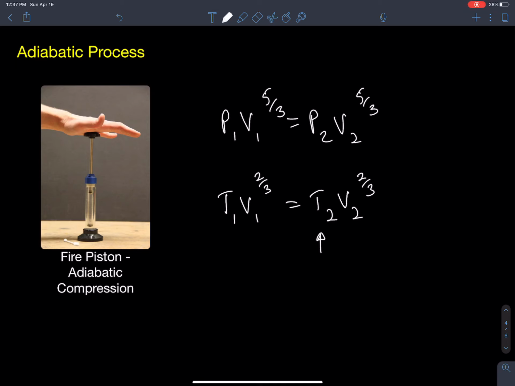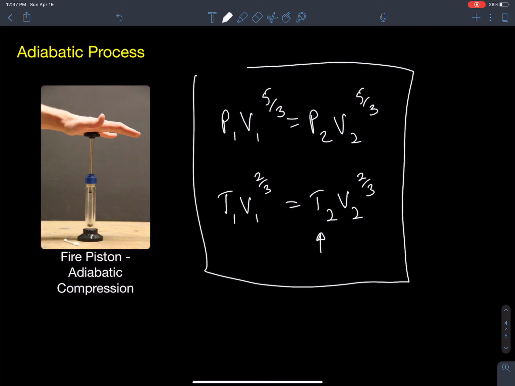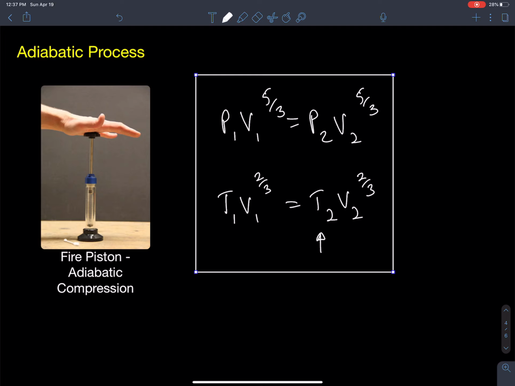And it would go up very rapidly. And if I do that very fast, the temperature goes up very rapidly. There's no time for that heat to escape with the environment, and I can ignite a piece of cotton in there, okay? So these are two formulas to play with. There's some practice problems in there so that you can play with adiabatic processes, expansion and contraction, okay?